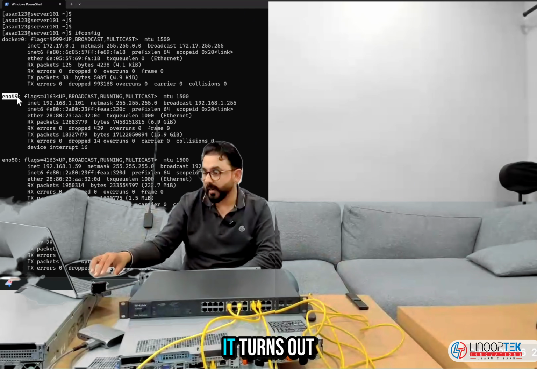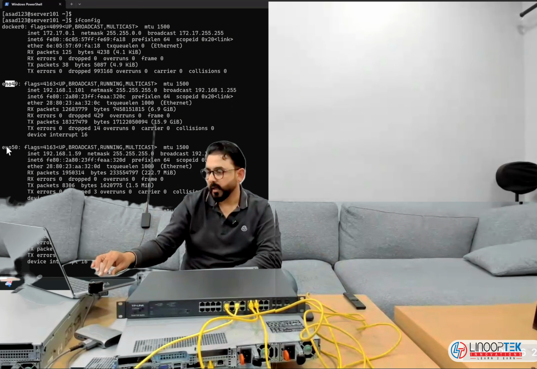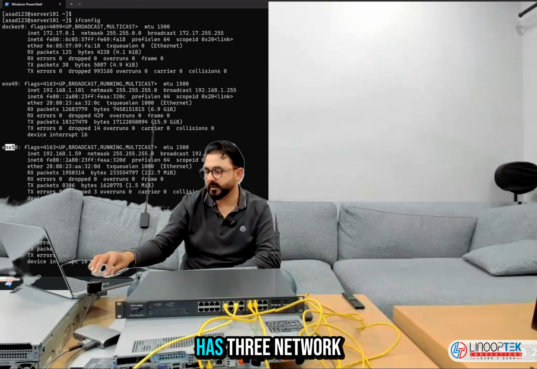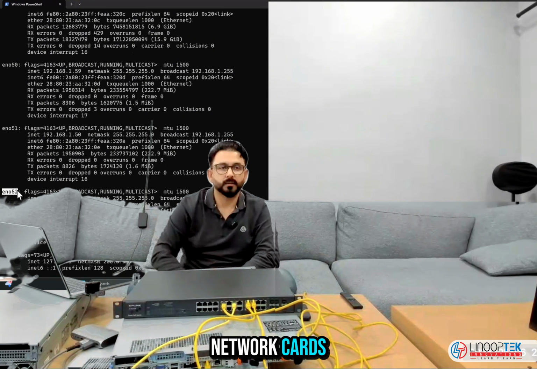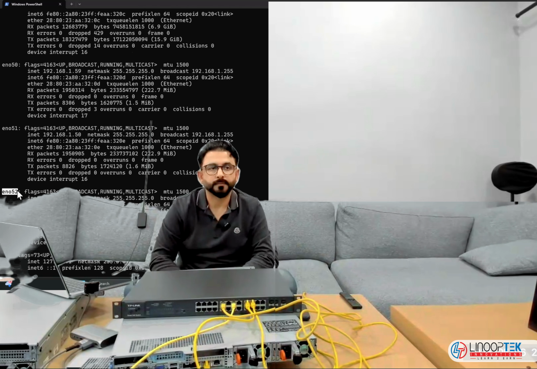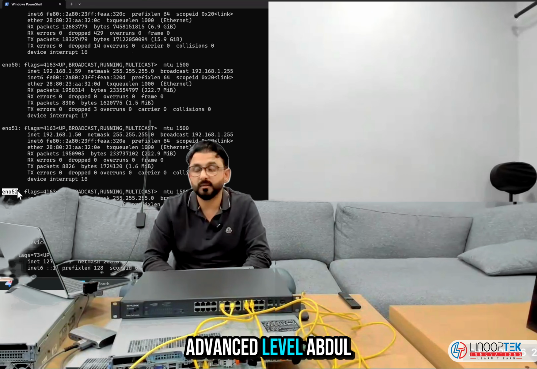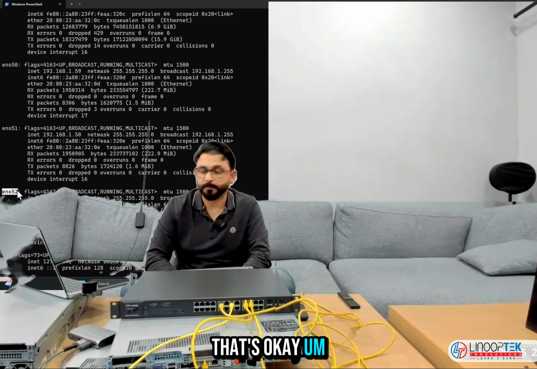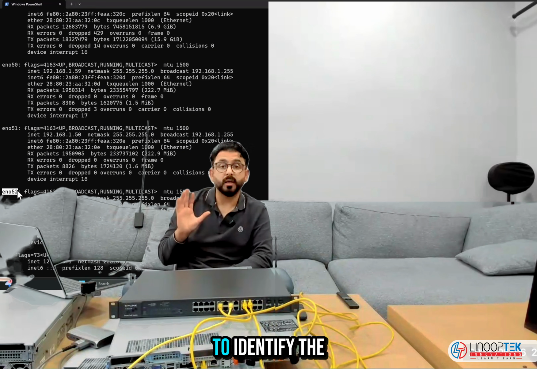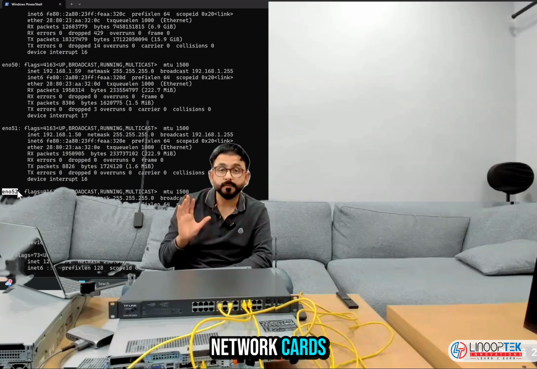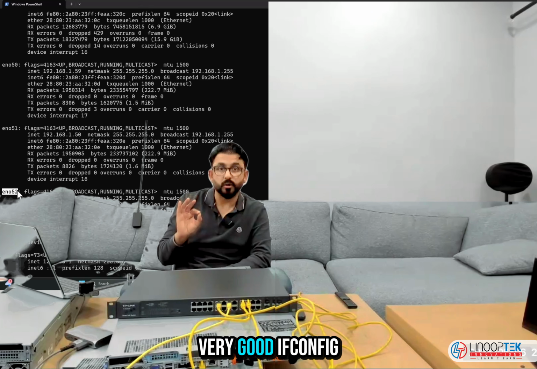So it turns out it has one network card, two, three, four network cards. It has four network cards. Yeah, you're going a little bit advanced level, Abdul, that's okay. But it has four network cards. Is everybody able to identify the number of network cards through the ifconfig command? Very good.